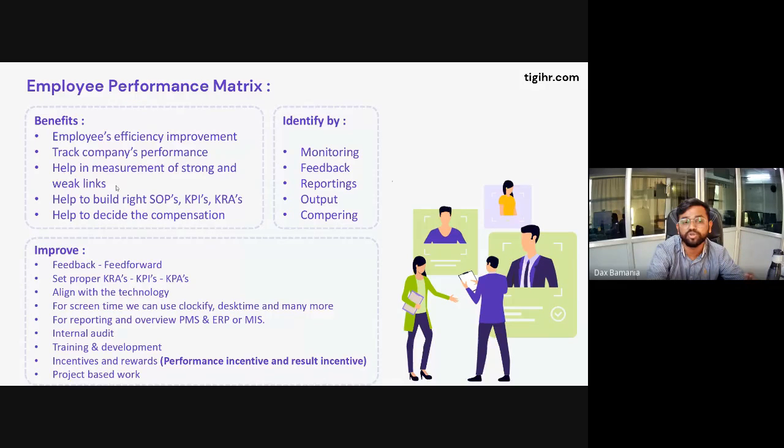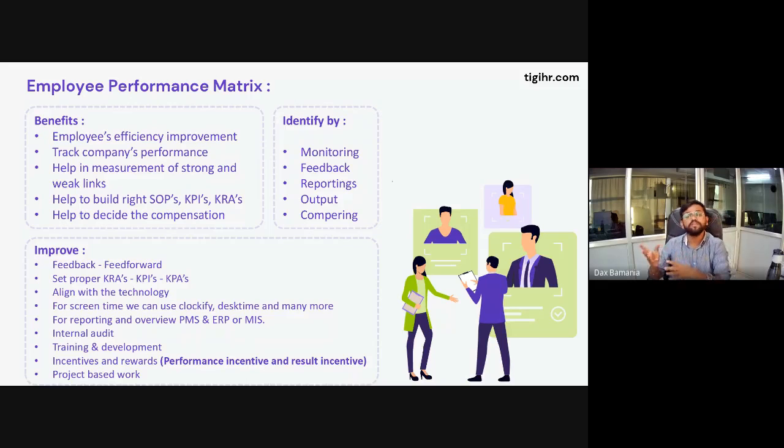You can measure the strong and weak points of the company or the HR policies, and then you can build strong and right SOPs, KPIs and KRAs accordingly. Then it helps to decide the compensation as well, about the increment and all that, right? So performance matrix identification is actually important.